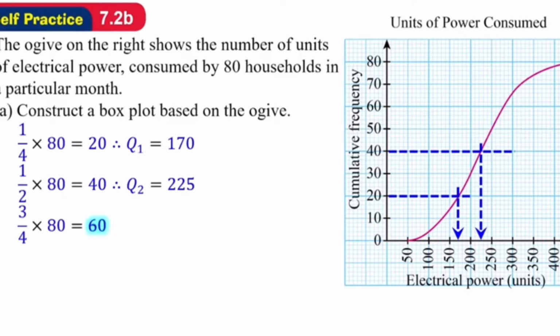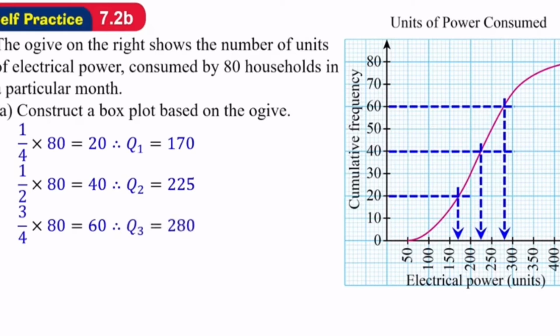Now let's read the third quartile, will be the 60th. Let's go to the cumulative frequency and mark the 60th and draw the horizontal dash line, until it intersects the Ogive, and then we draw a vertical line down to the upper boundary of the electrical power, and we need to read out carefully the scale there for the Q3.